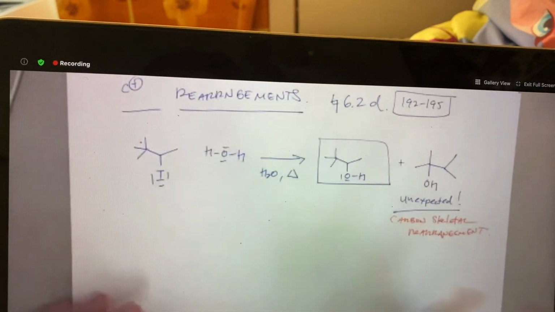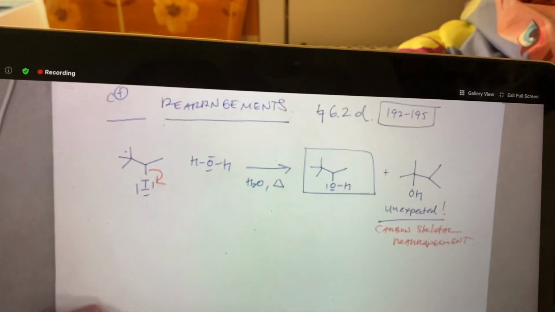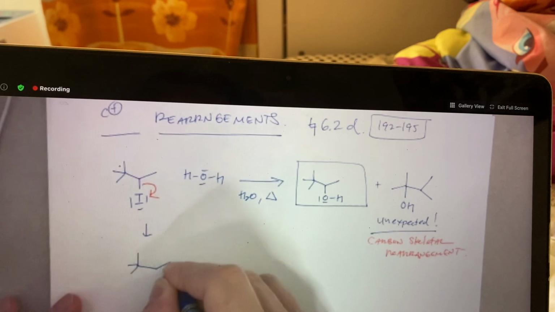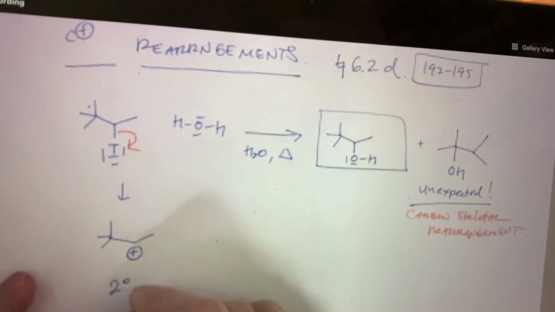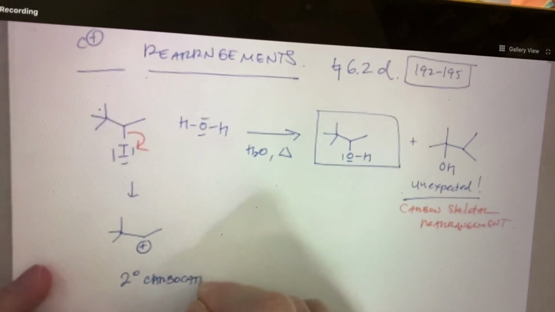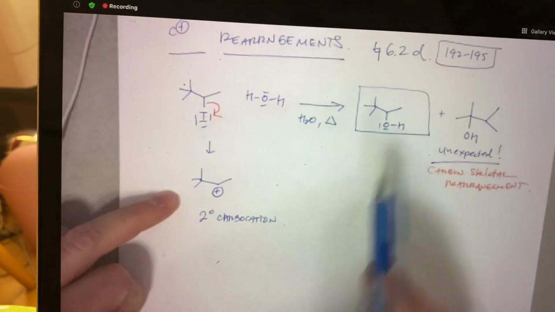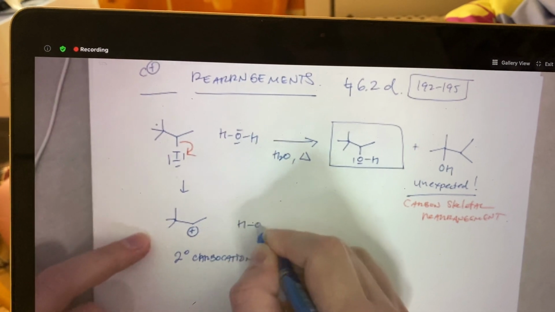All right, so let's cut to the chase here. And we have a secondary carbocation. Let's do the easy work first. Let's just explain the obvious product to all of us in the room. Just take water.